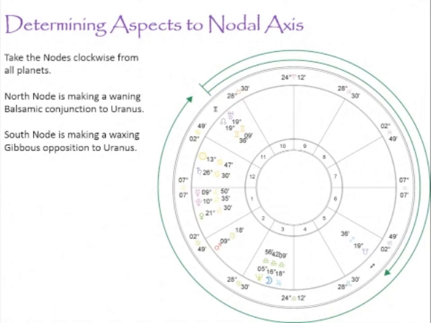Now, even though this example doesn't show this, if we are working with the midheaven here, you would start with Uranus at 19 Gemini, and you'd go back 30 degrees, 19 Taurus. You would go back 60 degrees, 19 Aries, but we go to 24 degrees.